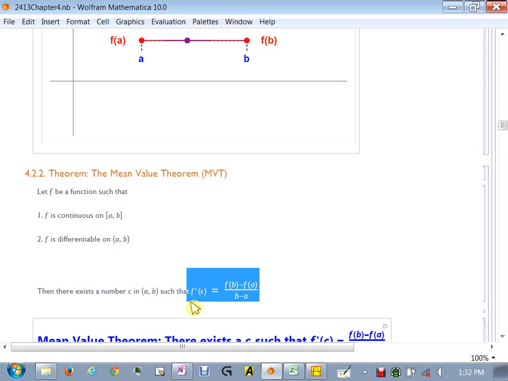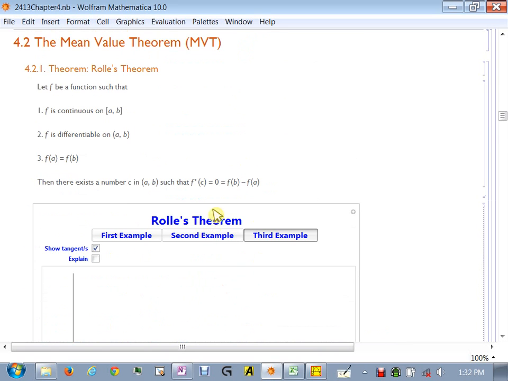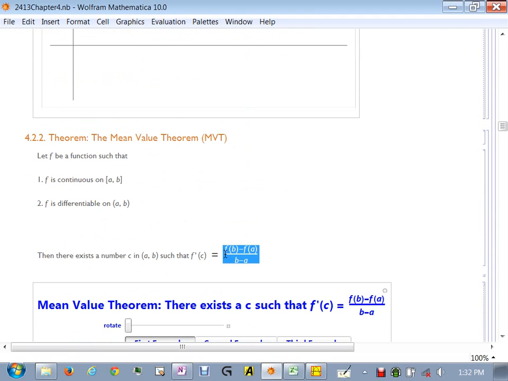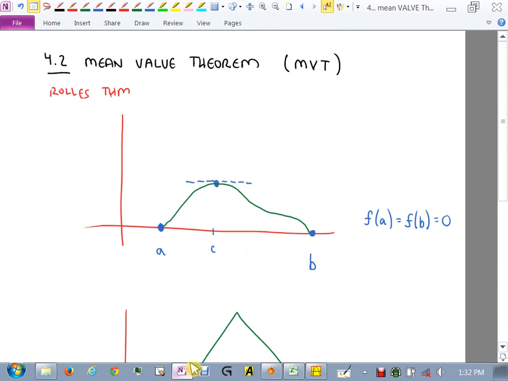This is where things get different. Instead of the derivative being equal to 0, the derivative must be equal to this: f of b minus f of a over b minus a. What the heck is f of b minus f of a over b minus a? It's where the difference quotient came from.